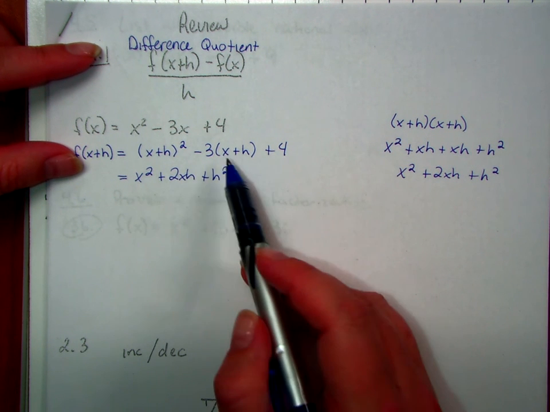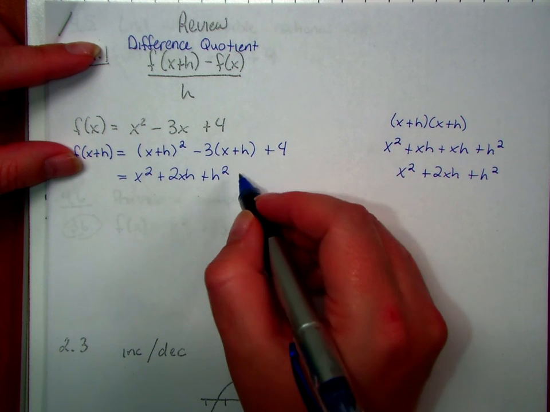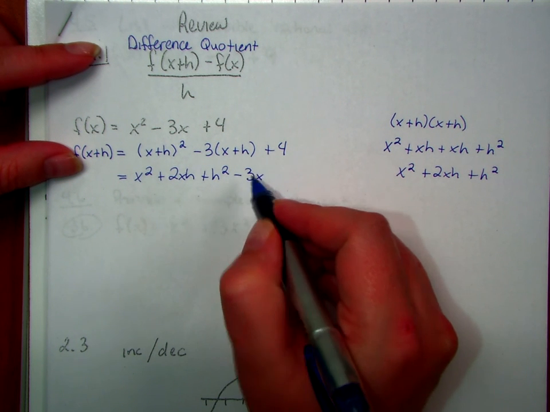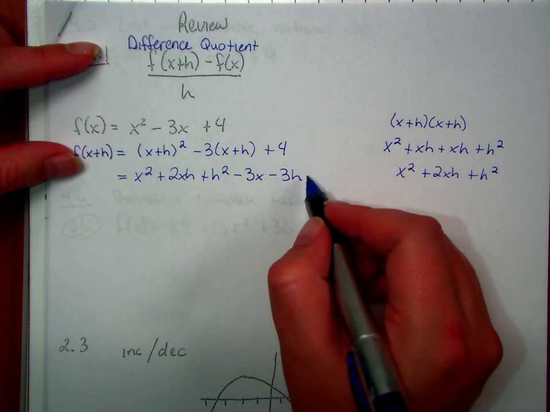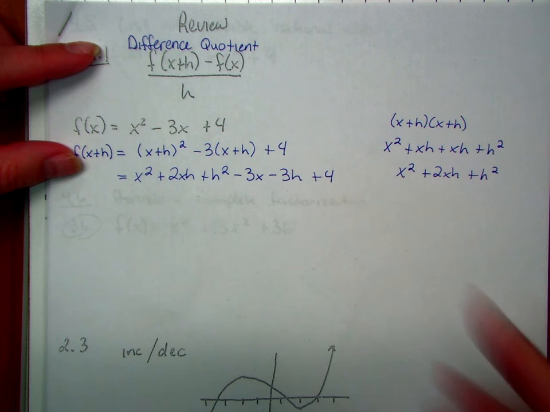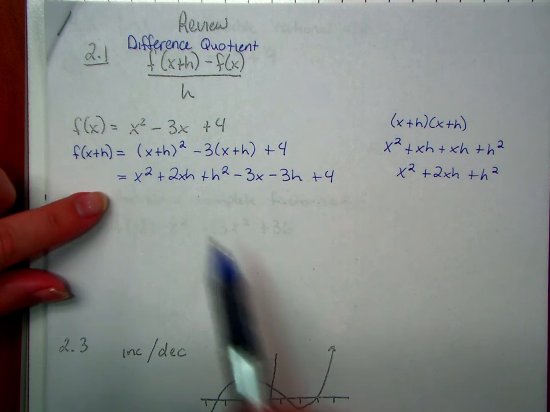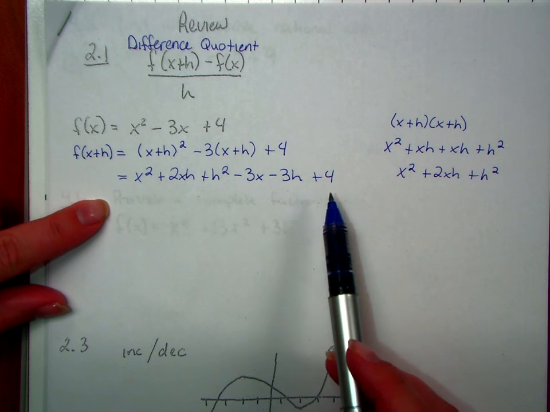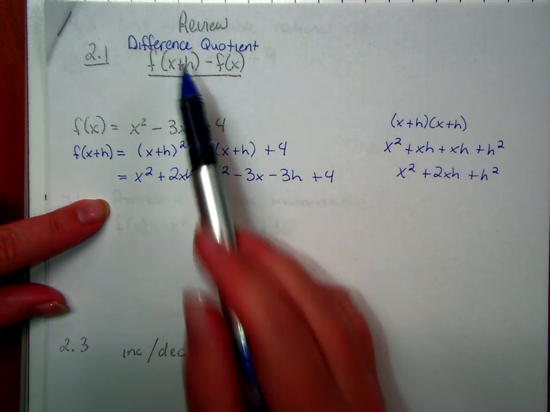And then what I'm going to do is I'm going to distribute the negative 3, right? So negative 3 times x, negative 3 times h, and then the plus 4 is brought down. So at this point, you kind of scan for like terms, because we could add like terms if we had any, but we don't have any. All right, so at this point, I'm going to form the difference quotient.